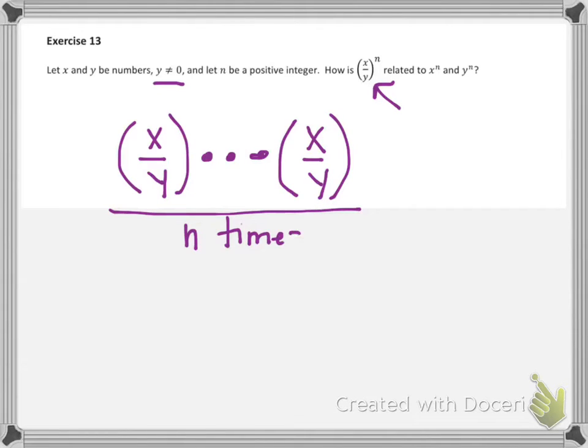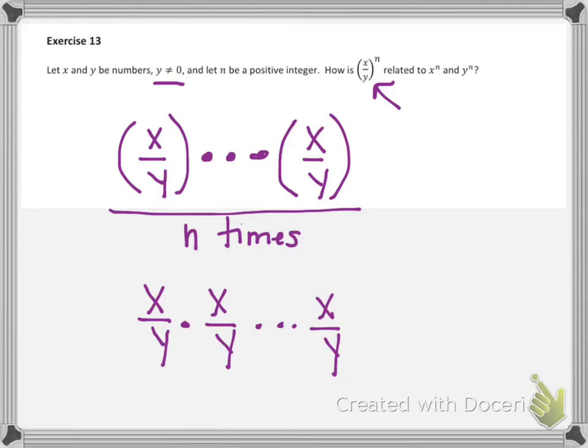That's the exponent. It tells us how many bases to multiply together. So that's what's actually happening. If we look at that another way, if I had x over y times another x over y times x over y, all of those things are happening on both sides of the fraction bar.